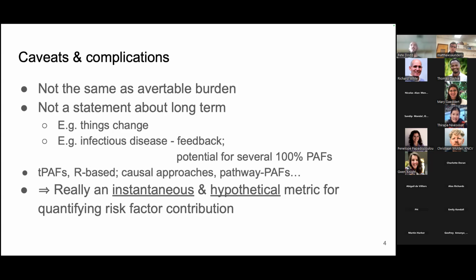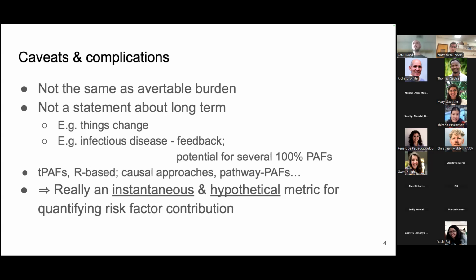So if you wanted to think about equilibrium prevalence for an infectious disease, you could imagine a situation where you're just above sort of endemicity thresholds, and you tweak a risk factor that brings you below that threshold, so that in the long run, actually your equilibrium goes away to zero. And then you would say, great, well, we've got a 100% PAF for this risk factor.